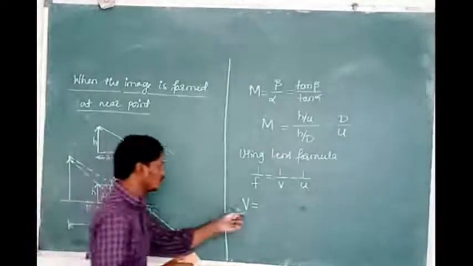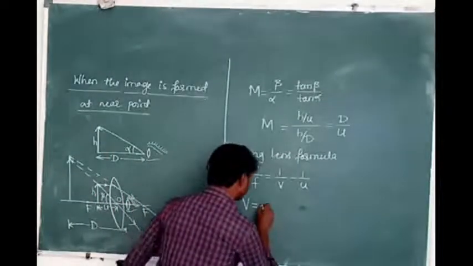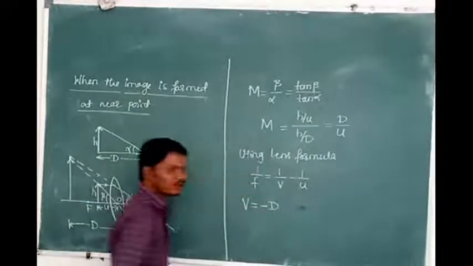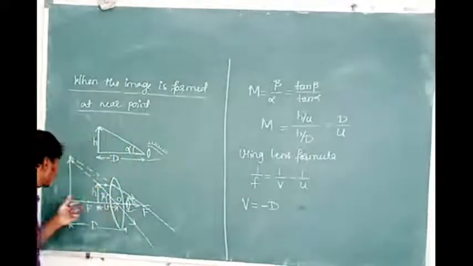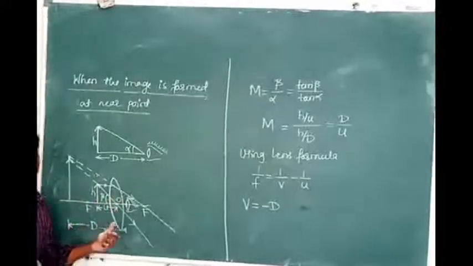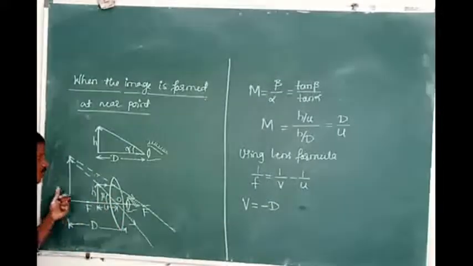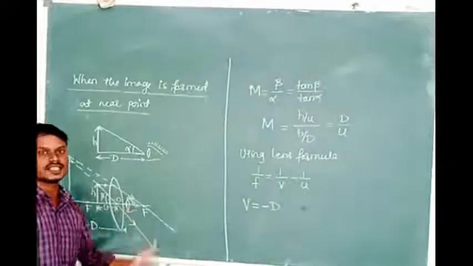Then using sign convention, v is equal to minus D. Why do we take v is equal to minus D? Because the image is formed at the left side. If the image is formed at the left side, we take the negative sign convention.